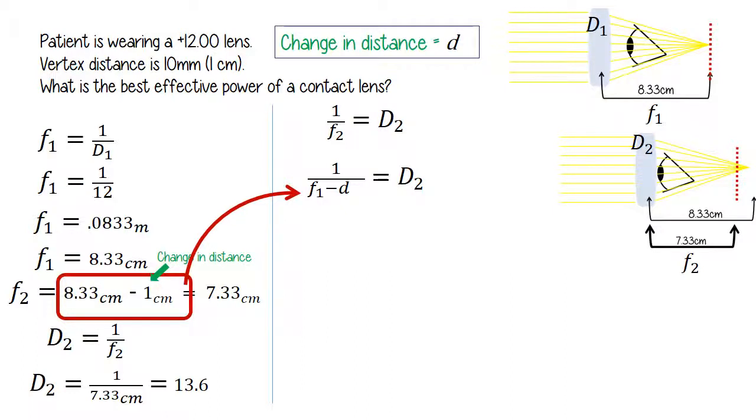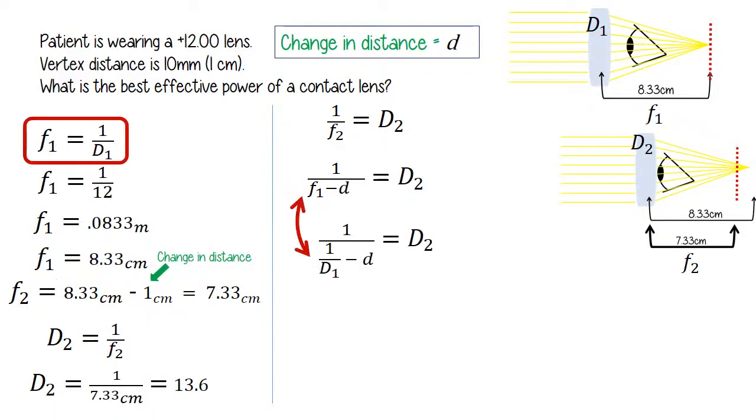So we're going to use the variable, and I put this up at the top because I'm running out of room. We're going to use the variable lowercase d to denote our change in distance, our change in vertex distance. And we're going to further substitute in for F1, our first initial focal length. We're going to substitute in 1 over D1, because most people don't know their focal length when they come into the office.